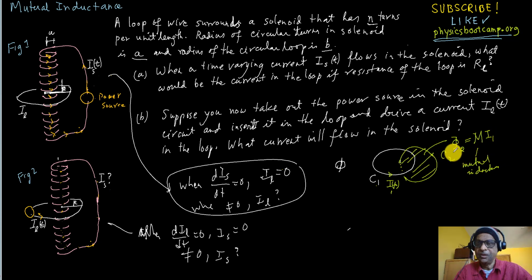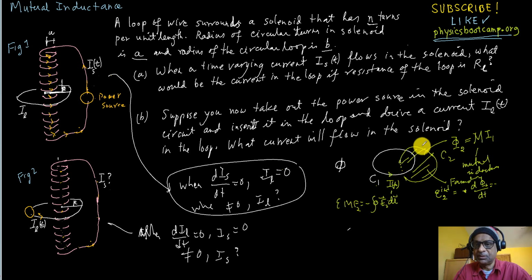If this is changing, Faraday's law will say that the induced EMF equals minus d phi_2 over dt. You can see that the EMF of 2 is minus the integral of E_2 dot dl.